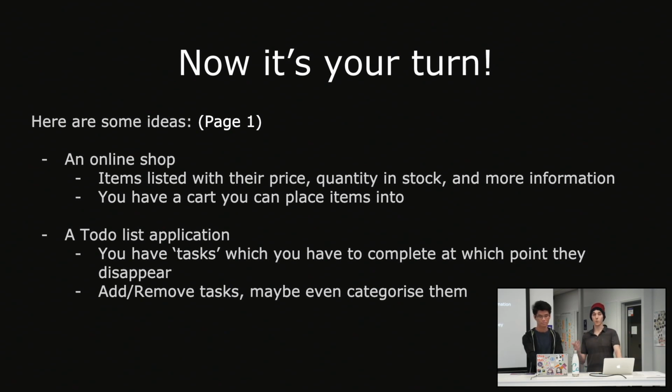Firstly, you can create one of your own ideas here. On page 1, you can create an online shop with items listed with their price and quantity in stock, and maybe even have a cart you can place items into with buttons. You can have a to-do list application, where you complete tasks and involve the state, adding and removing tasks.